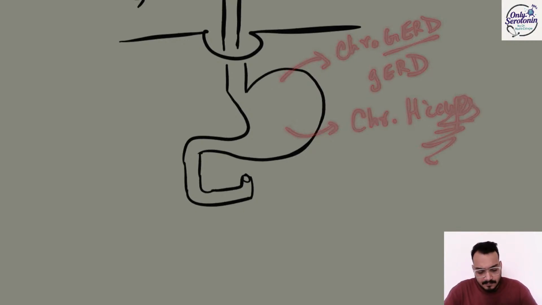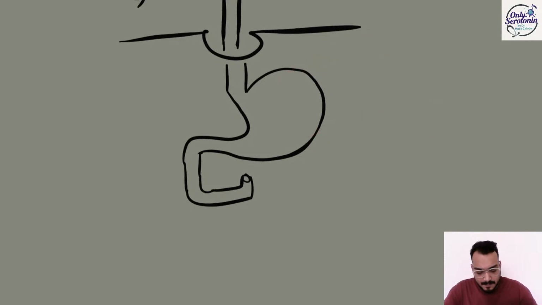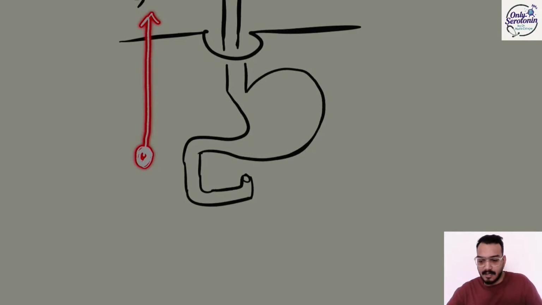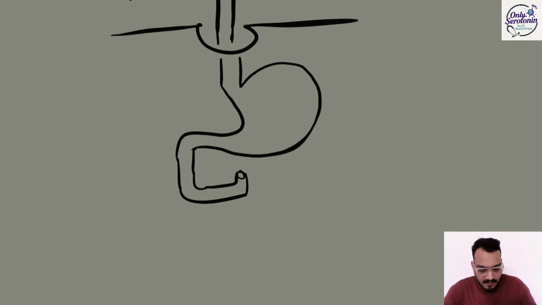hiccups, right? Whenever this person has GERD and hiccups, because of that the pressure of the stomach is released in the upward direction. Because of that, whenever they are pressuring on the upper side, this esophageal opening will get dilated.